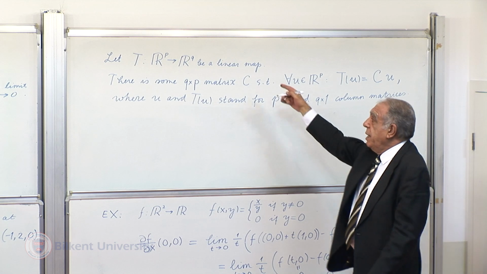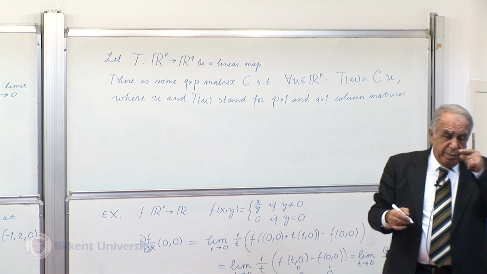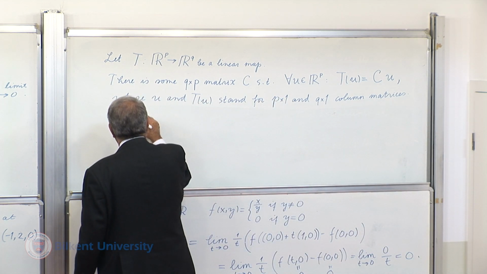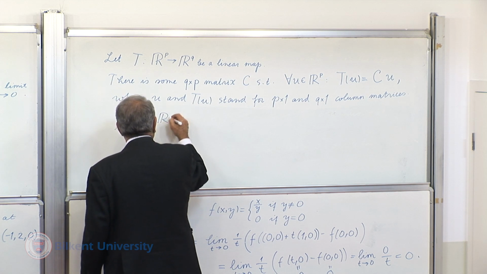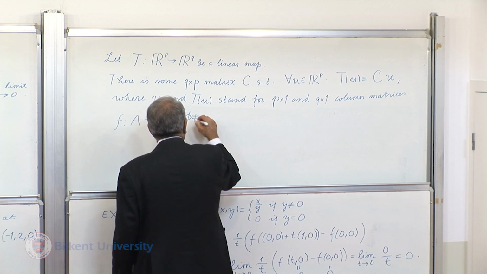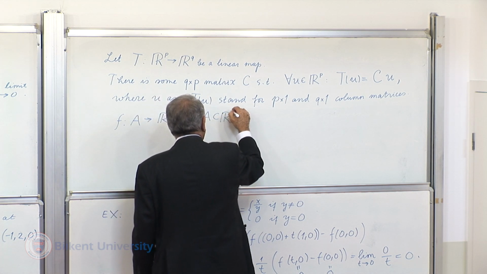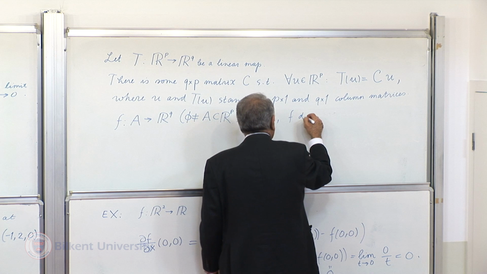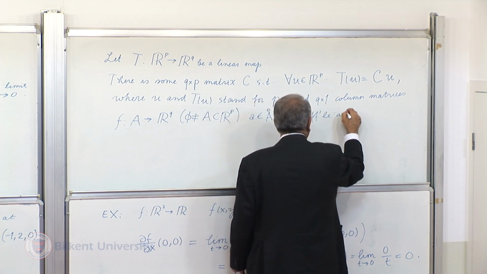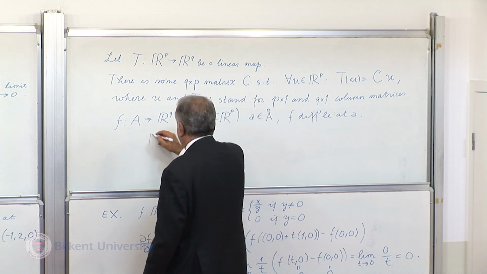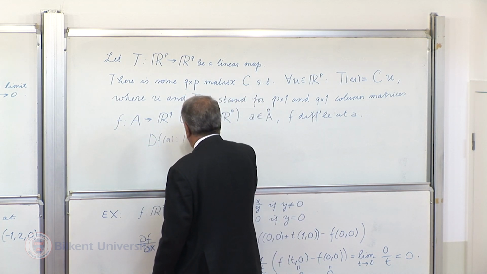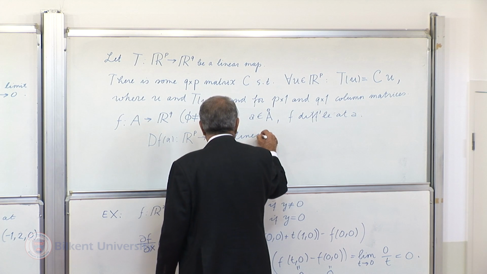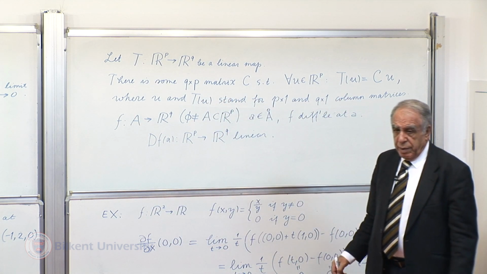But if we can do this for any linear map, well, if you have f on A to Rq with A a non-empty subset of Rp, a in A interior, f differentiable at a, well, then df_a will again be a linear map on Rp to Rq.